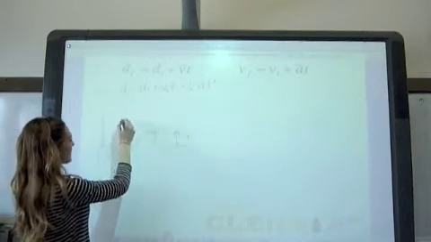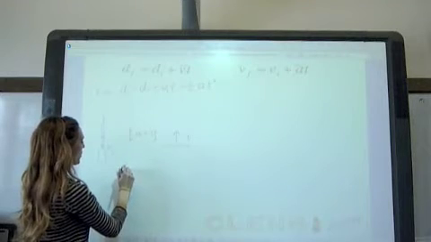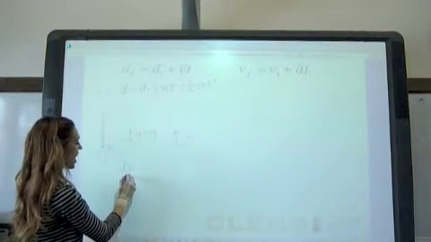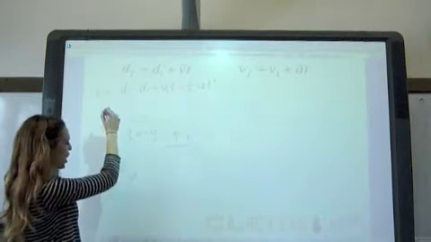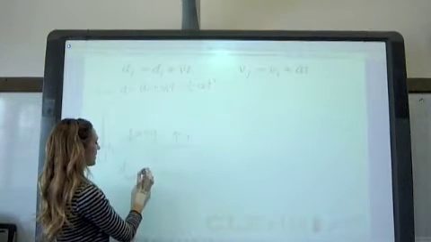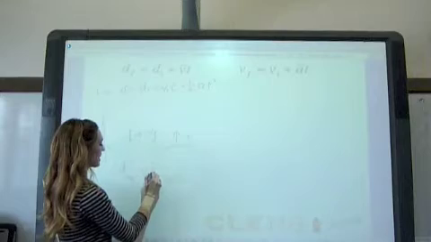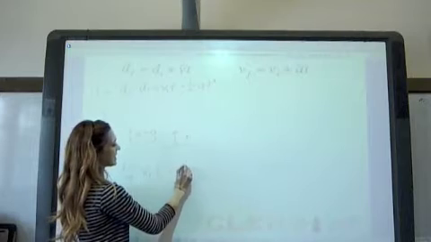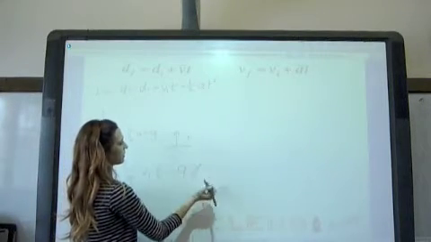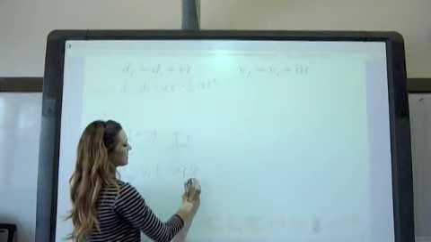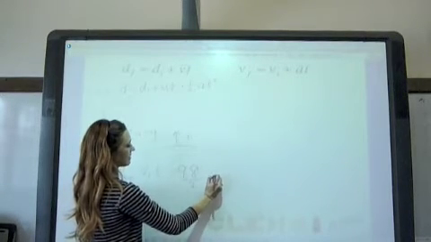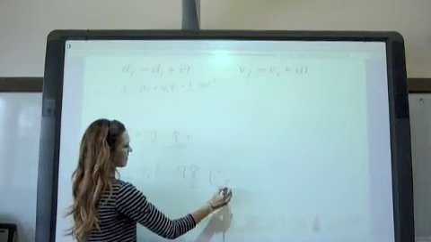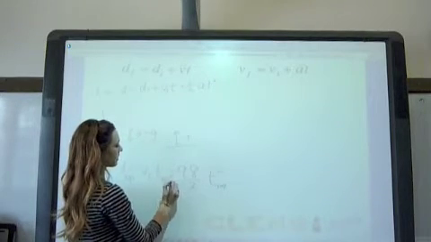So in that case, using this equation, we know that our displacement at the top, how far up it's going to go, is just going to be equal to vi times however long it takes to get to the top, minus 9.8, because we're using SI units, divided by 2, times t squared. And that time is also going to be the time at the top, just like this is going to be the time at the top.